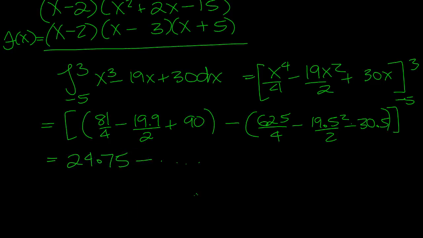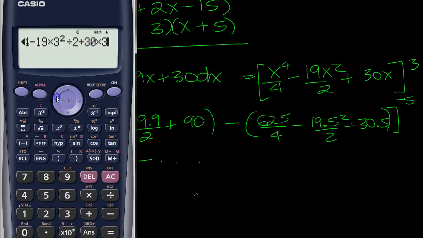And then minus, and now I'm going to do the other one, but instead of the value of 3 inserted, I'm going to replace that by minus 5. Minus 5 to the 4 over 4, minus 19 times minus 5 squared divided by 2, plus 30 times bracket minus 5.